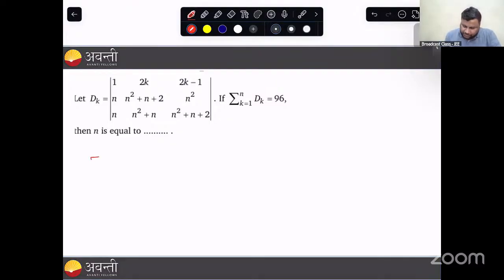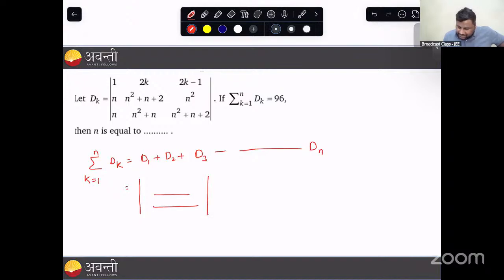So first of all, I'll do this. Sigma k from 1 to n dk. That is d1 plus d2 plus d3 and so on dn. Now see, its second and third rows are constant with respect to k because sigma is on k. So I'm not changing second and third row.